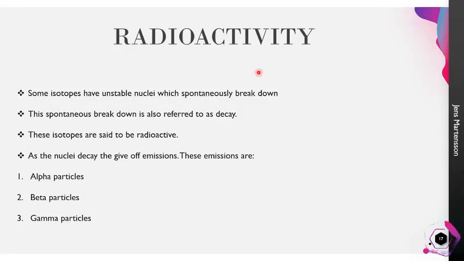Some of these isotopes are unstable and the nuclei will spontaneously break down, and this breakdown of the nuclei is referred to as decay. Because of this, the isotopes are said to be radioactive and unstable. The decay gives off three types of emissions: alpha particles, beta particles, and gamma particles.